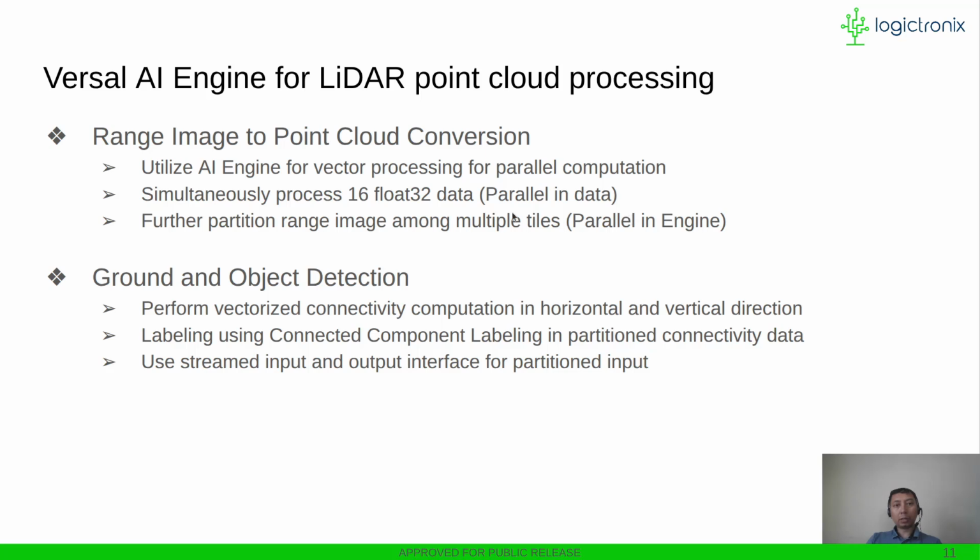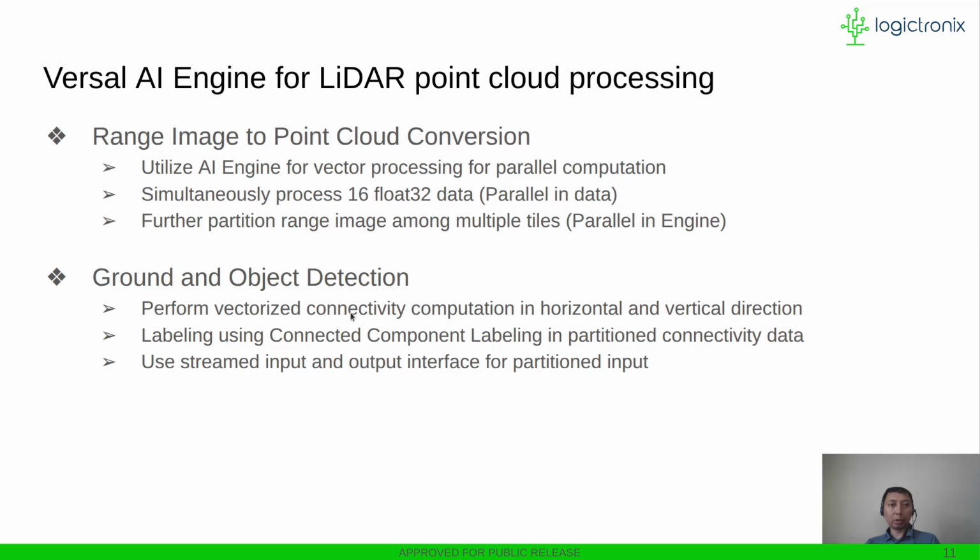And next, since we have multiple AI engine tiles, we can partition our range image among these multiple tiles. So a single frame of our range image is divided across multiple AI engines for parallel processing.